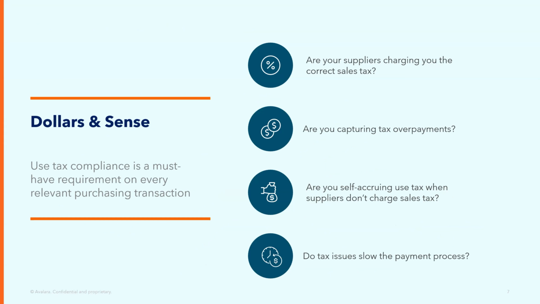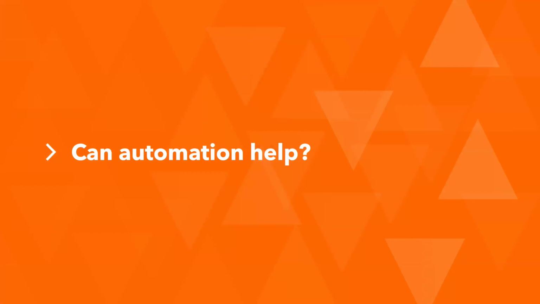More importantly, are you self-accruing the use tax when suppliers are not charging any sales tax and remitting that portion back to the jurisdiction? Does any of this impact your ability to pay the consumer use tax portion back to the jurisdictions in a timely manner? And that's where we want to ask ourselves, can automation help?